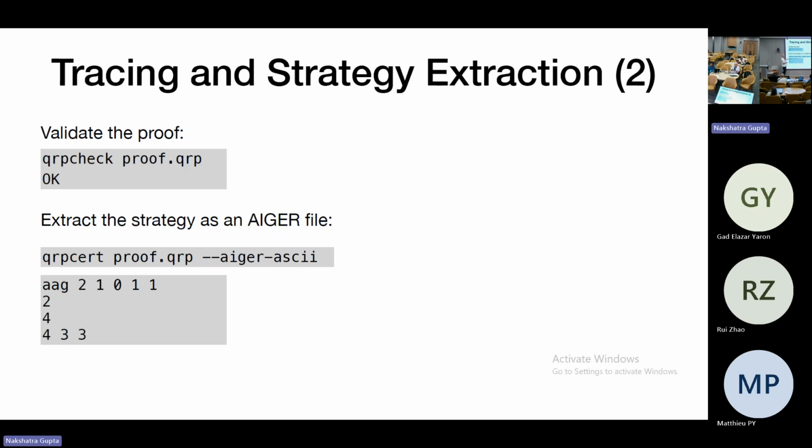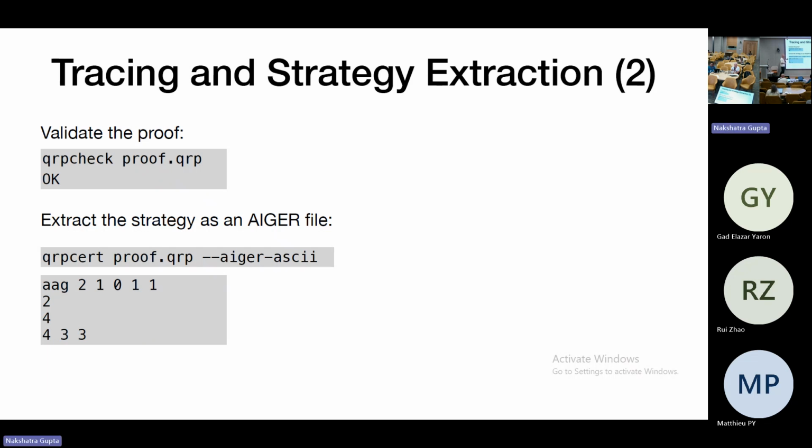So 2 is a bound on the variables or the indices that appear in this file. You have 1 input, 1 output, and 1 AND gate. So an AIGER file encodes an AND-inverter graph. So it's kind of a slightly restricted circuit, only consisting of ANDs on literals. 1 is the input.